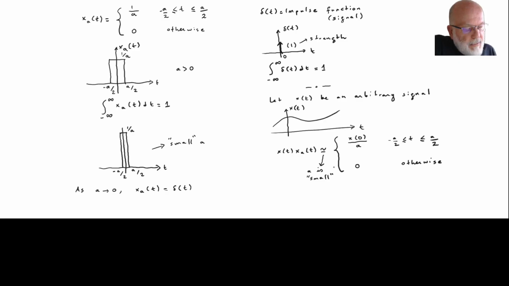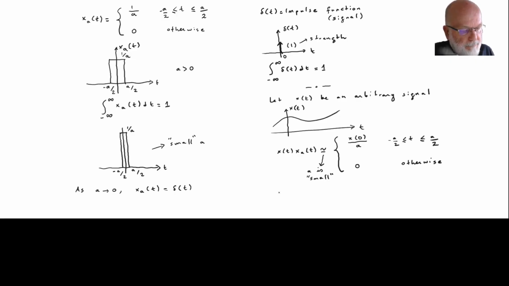So if it is a short duration pulse, of course, that meaning of the short duration depends on the behavior of x of t around t equal to 0, but it is clear that when you multiply x of t with the rectangular pulse, approximately the result will be the value of x of t at 0 times the magnitude of the pulse, which is equal to 1 over a. Okay?